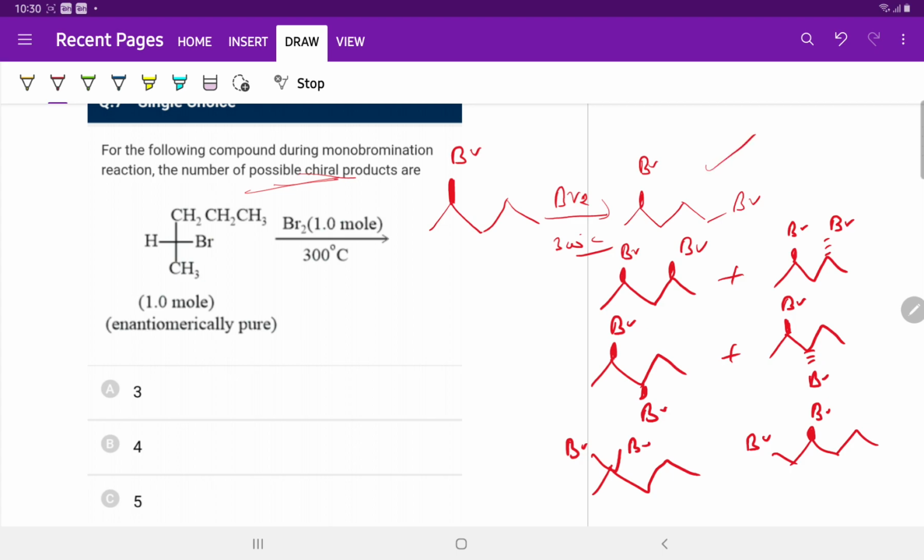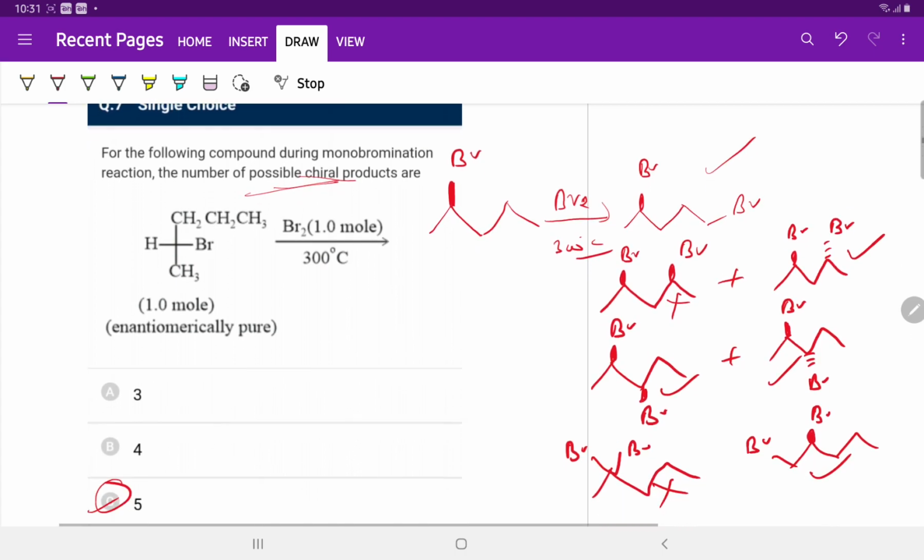This is chiral, this is achiral, this is chiral, this is chiral, this is chiral, this is achiral, this is also chiral. So the chiral products are 1, 2, 3, 4, 5. So option C is correct for question number 7.